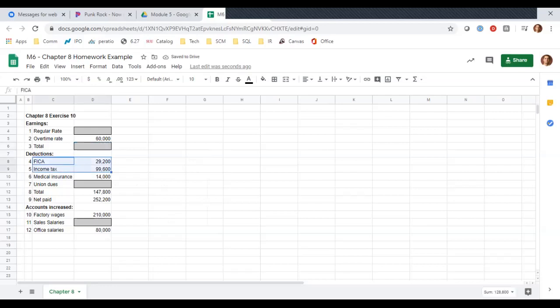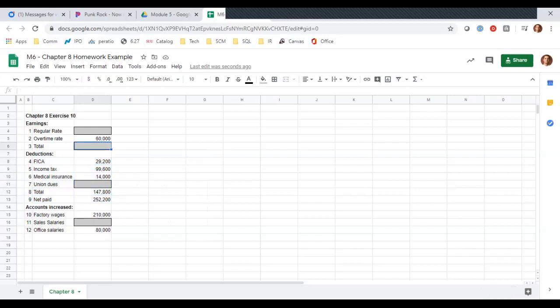So in our deductions section, there is a net paid and a total deductions. And so the net amount that's paid plus the total amount of deductions gives us our total earnings, because earnings are equal to the net paycheck and all of our deductions.